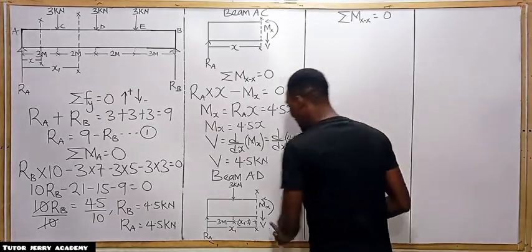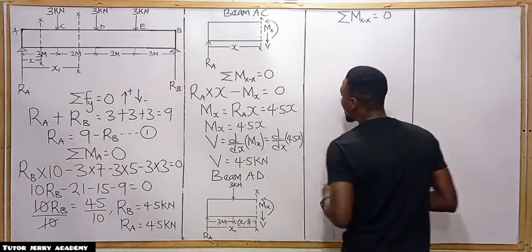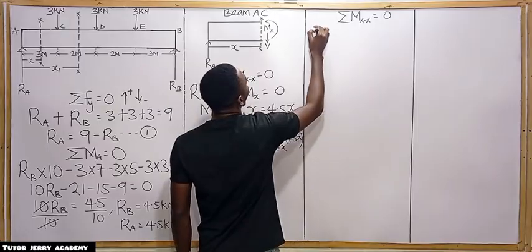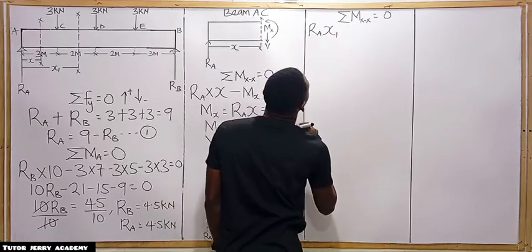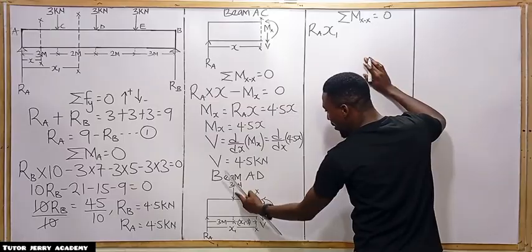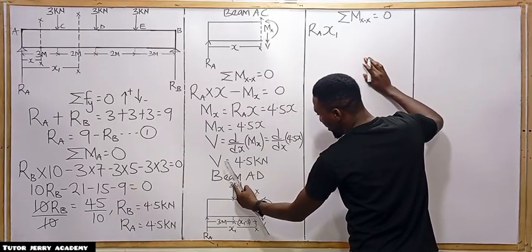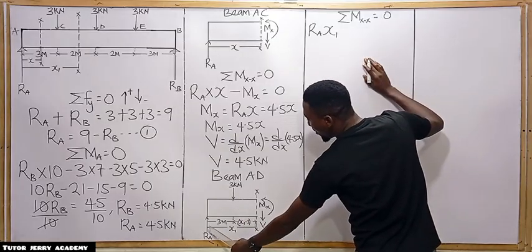All right, so here we are taking our moment towards this direction, so it's going to be R_A multiplied by the total distance, which is S1. So we are going to have R_A S1. Next, we have a downward force here, and if you look at the moment it's giving us, it is different from the moment this one is giving us.